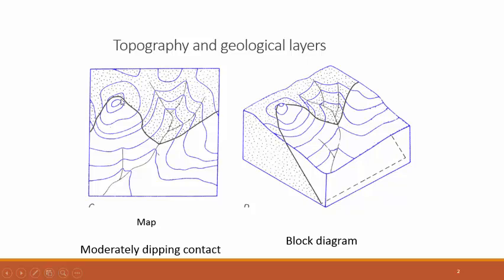It runs up to this hill, it runs down into the valley and up onto the next hill, and here in the block diagram we see that this structure is indeed a planar surface that shows such an intersection with the topography, and of course the topography is a much younger geological feature than the geological structure itself.